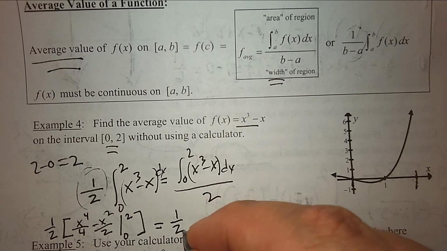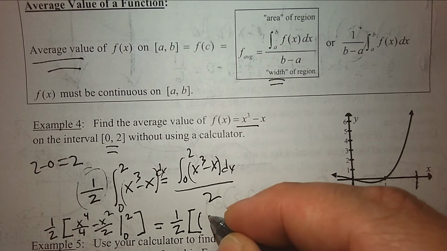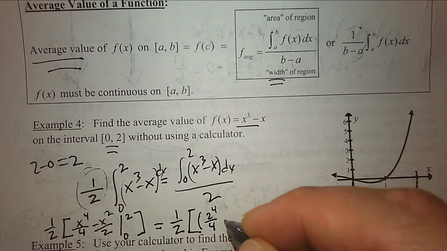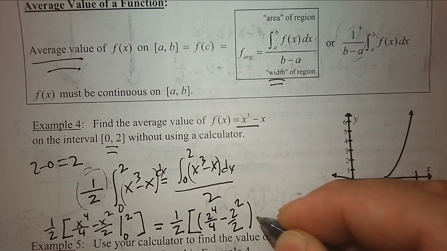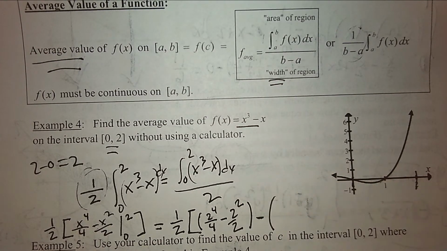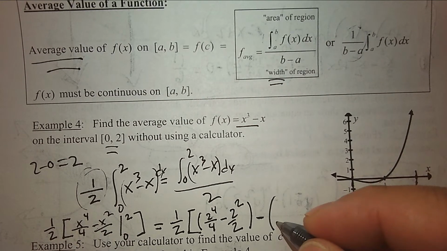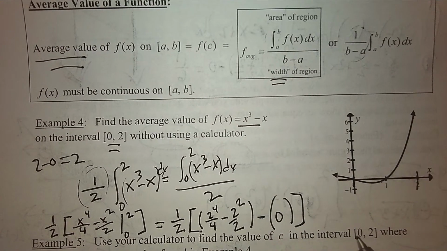The 1/2 in front, bracket. First we plug in 2. So it's 2 to the 4th over 4 minus 2 squared over 2. Close it. Subtract. Now plug in 0. Well, if I plug in 0 and 0, the answer is going to be 0. And that's it. And you can solve it from there.